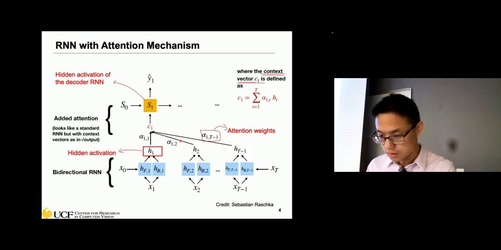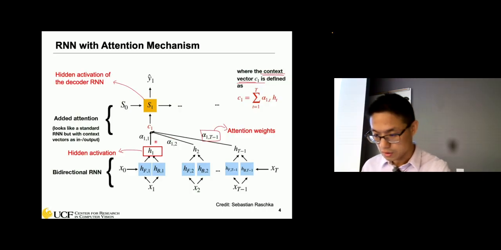But if we're using the attention mechanism, as you can see here, we have these alpha, the attention weights: alpha 1,1, alpha 1,2. If we look at the first input, X1, these are our attention weights, indicating how much I have to attend to the rest of the tokens in the original input. So these are alpha 1,1 to alpha 1,T, the attention weights, okay?